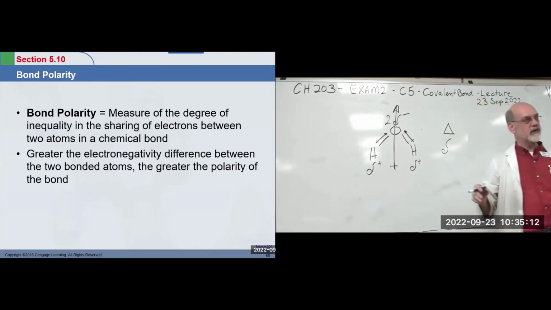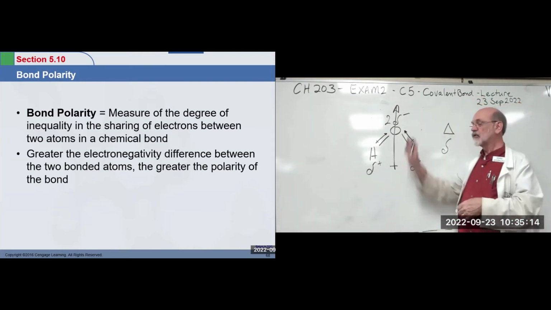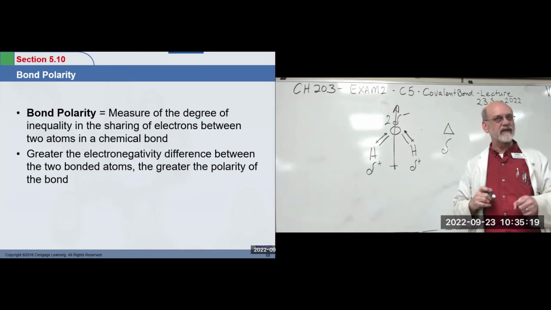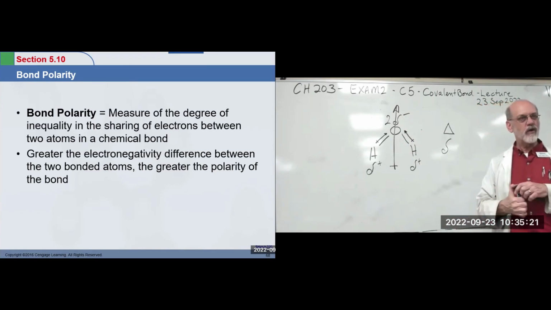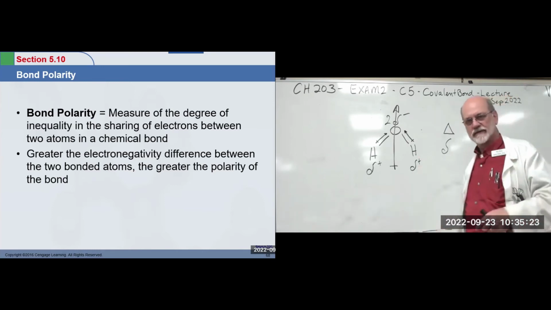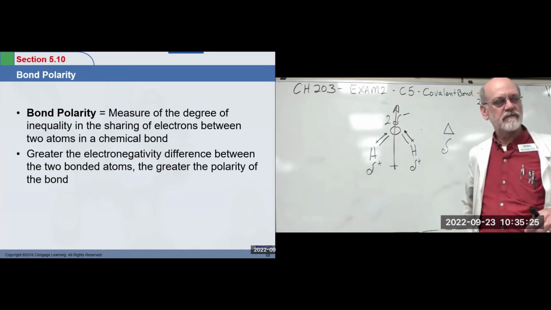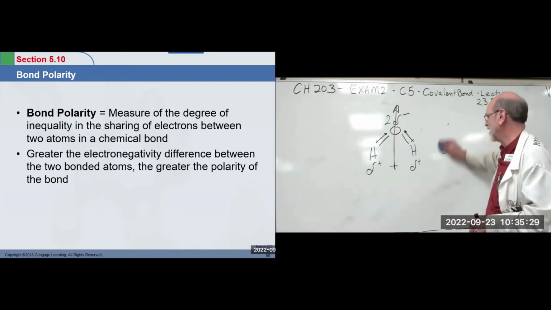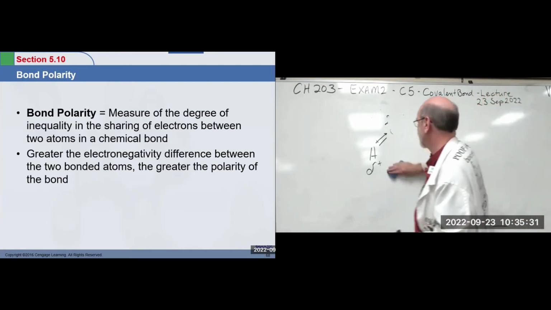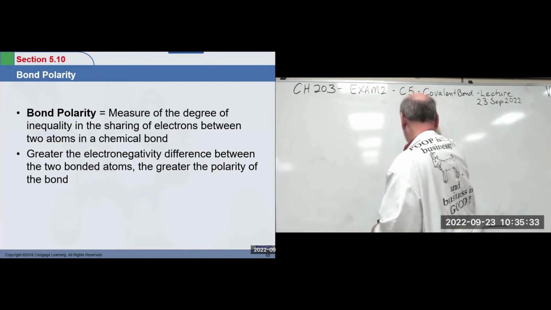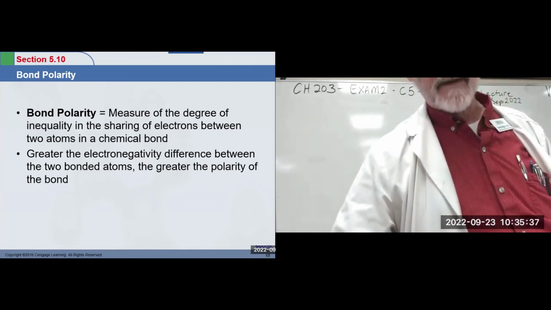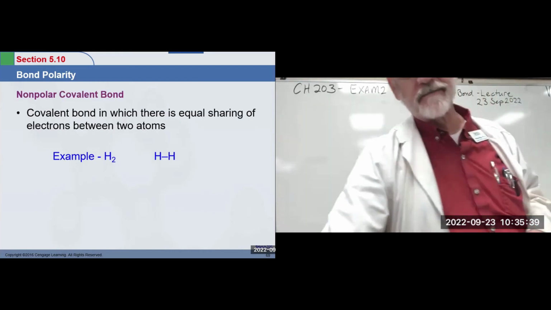So the whole molecule now can be said to be polar toward the oxygen side. That's all that means. You don't have to know how to do vector addition. If you never had physics, then it's strange. All right. So that's bond polarity.